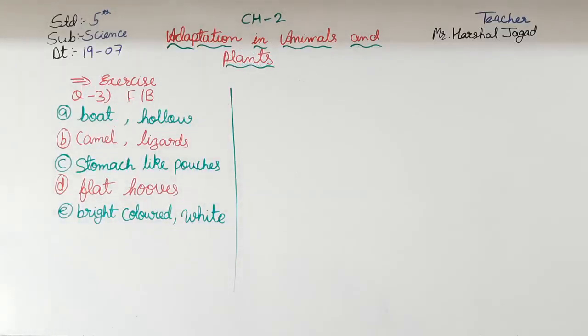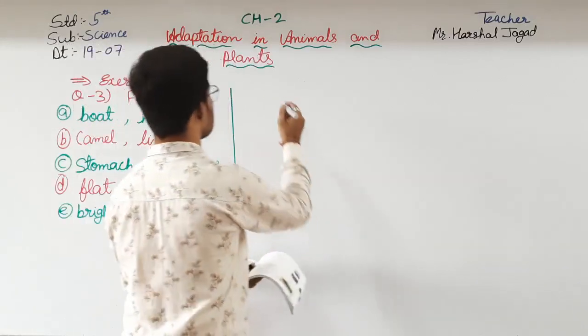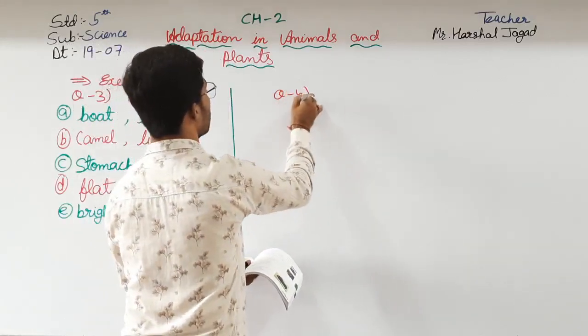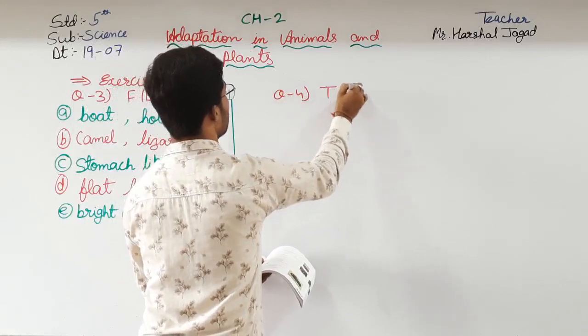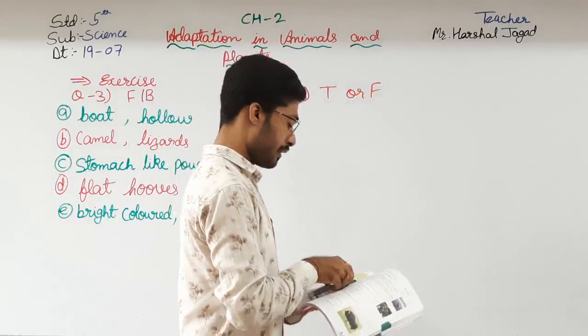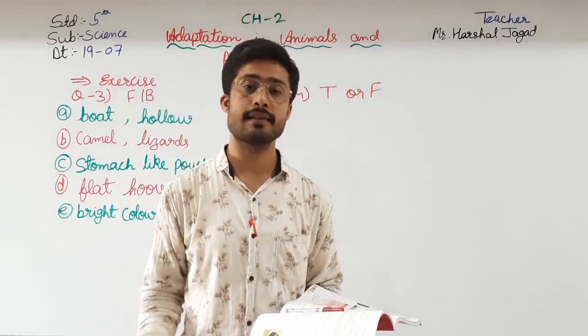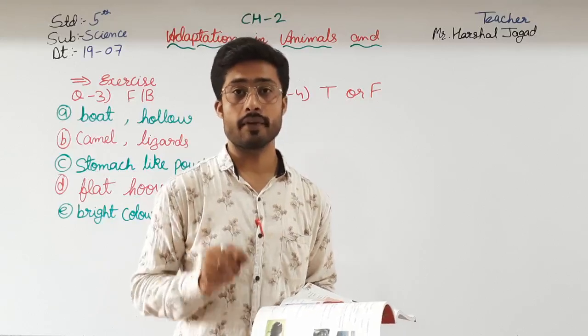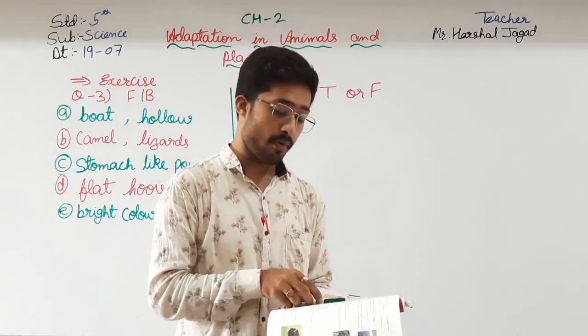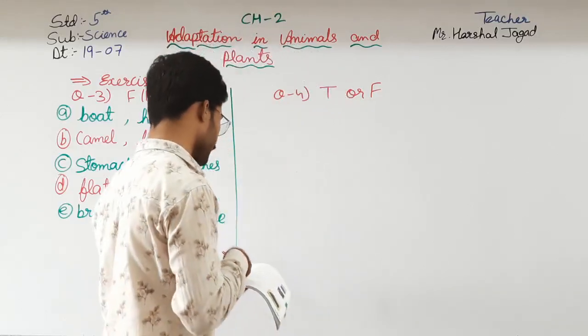Question number 4, that is true or false. In that, the first one, leaves of aquatic plants have a waxy surface. Is it true or false? Then it is true.